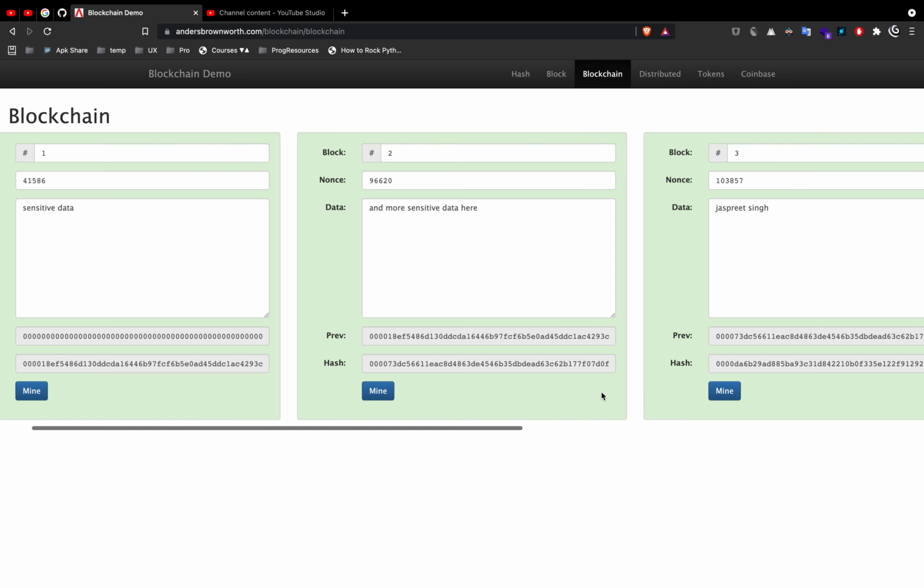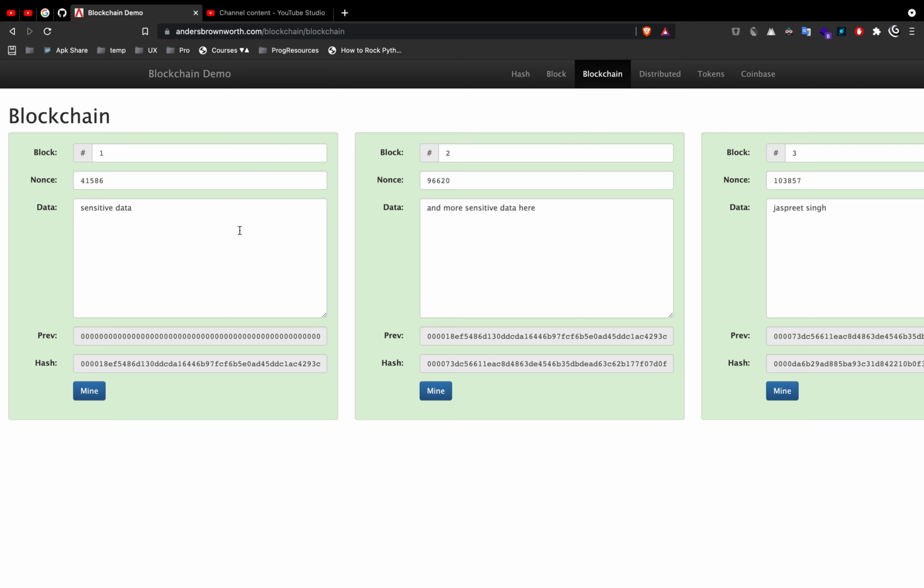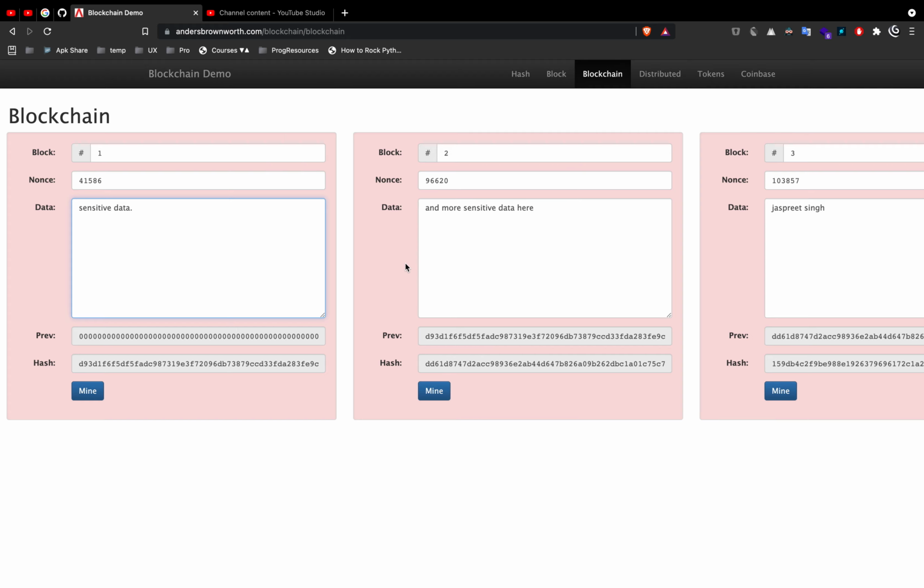Now the cool thing about the blockchain is that they are tied together, and if I try to change the data even by adding something, let's say a full stop here, the hash of this immediately is invalid. But not only this block will become invalid, because the previous of the second block has changed, it also becomes invalid.